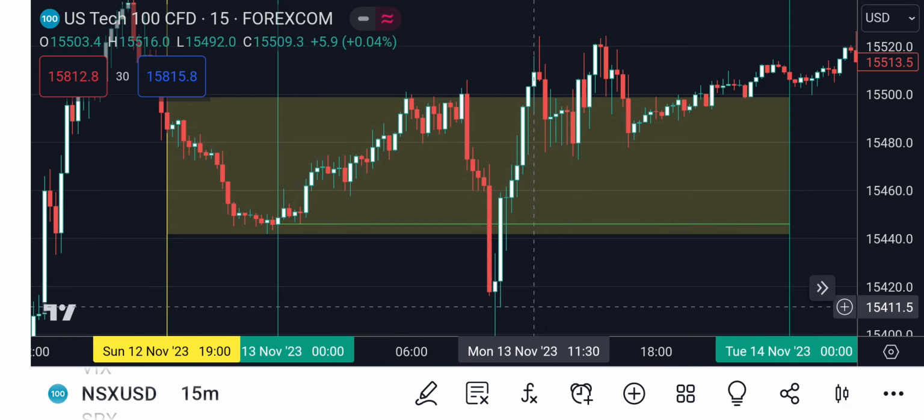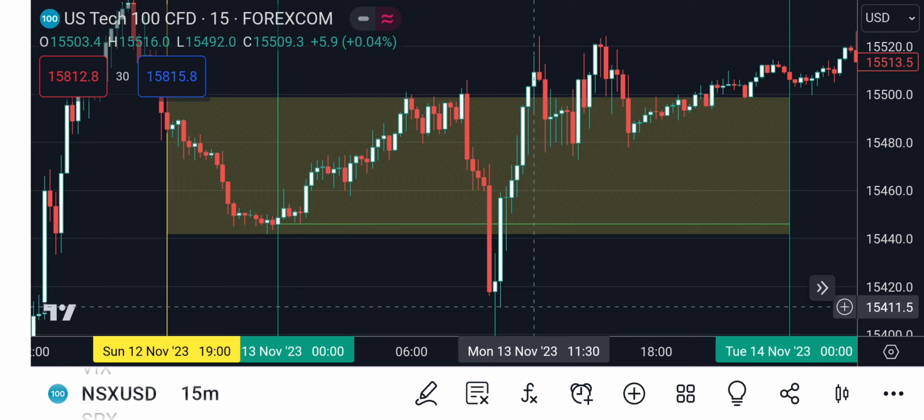Let me just explain this first before I get into the entries. Now I'm just trying to show you guys the bias, the direction, how you can get direction easily going into the trading, or how to improve your trading using this range.